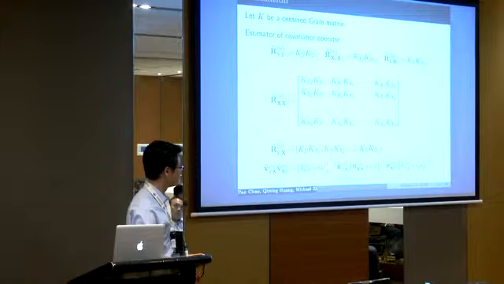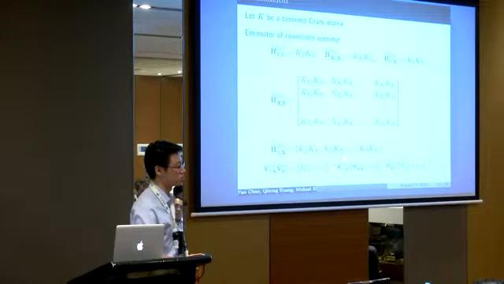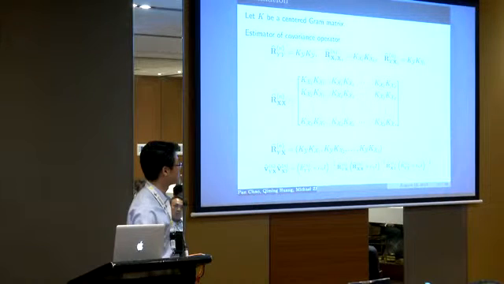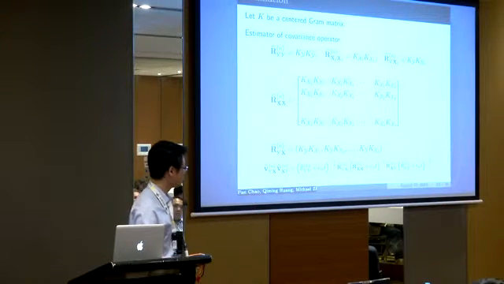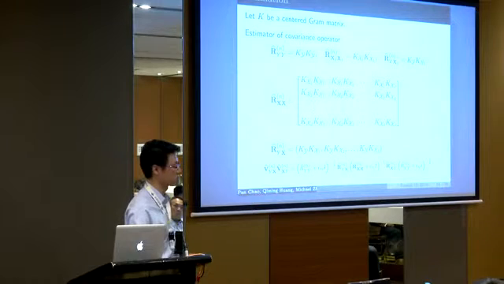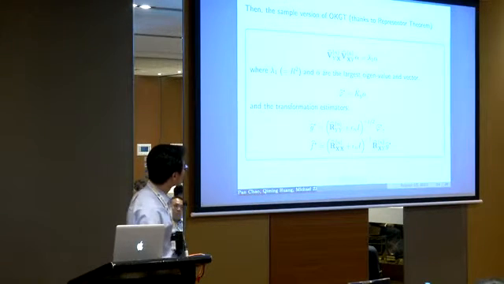In the estimation, we added a regularization term because, even though in theory the matrix is invertible for some kernels, in practice we cannot guarantee this. So we added a regularization term to make sure it is invertible.